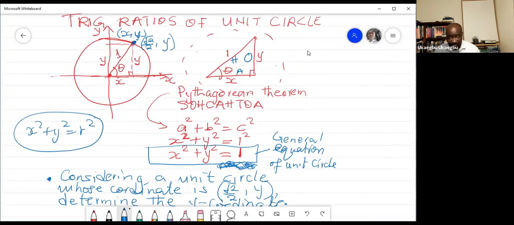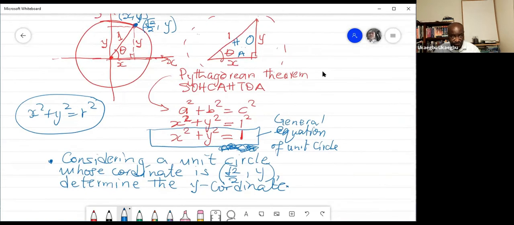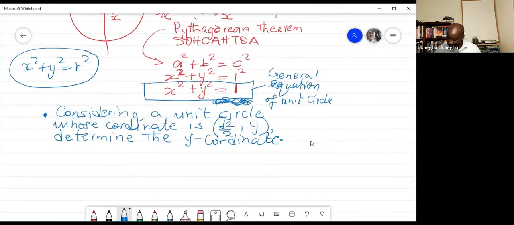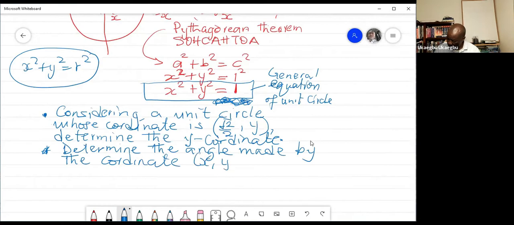And then after determining the Y coordinate, the question could also be determine the angle. So let's add the question too. Also determine. Okay, so after determining your Y, you will use those values to determine the angle.